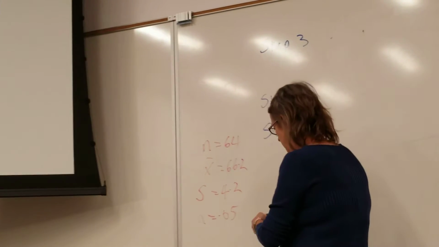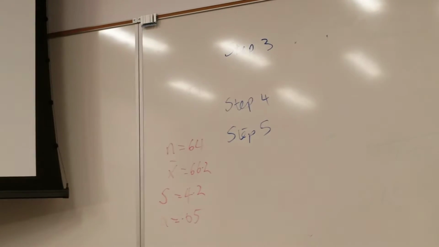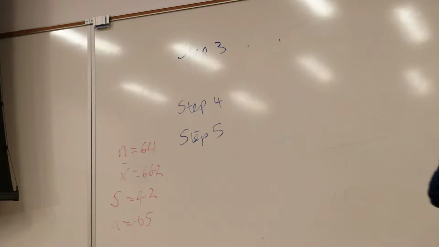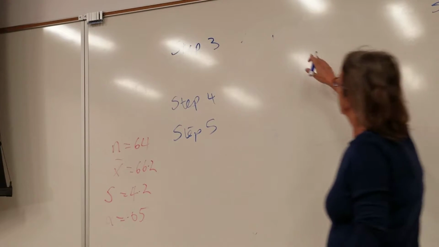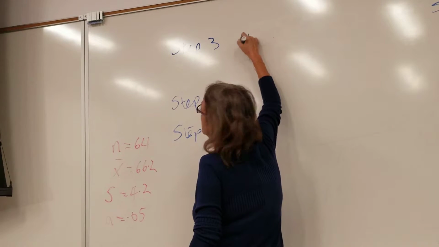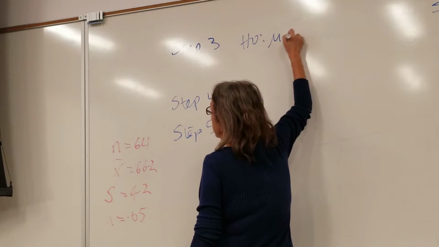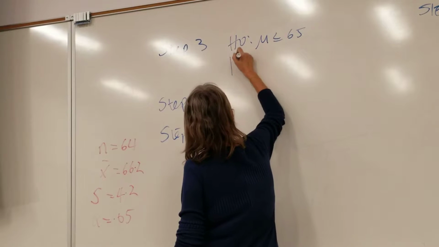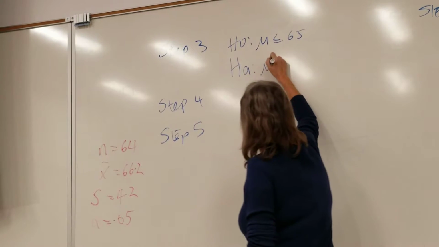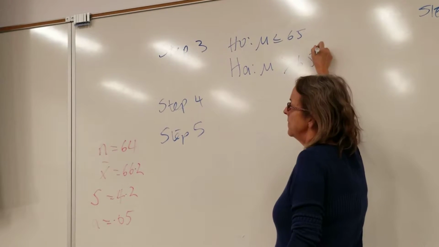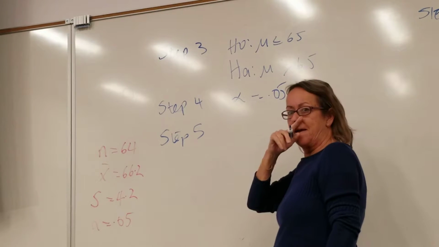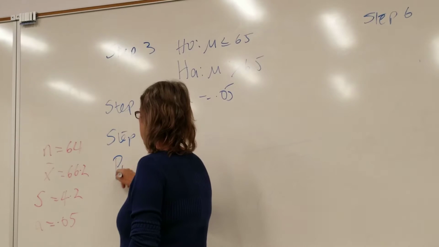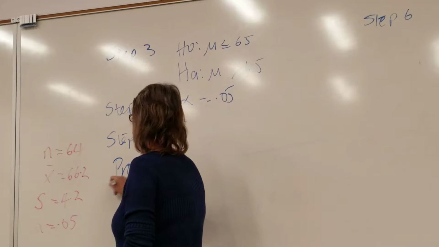0.05. Okay? So, they told us the null. If the null is mu is less than or equal to 65, what is the alternative? Greater than 65, and alpha is 0.05. Okay, everybody good? Tell me if I get going too fast.